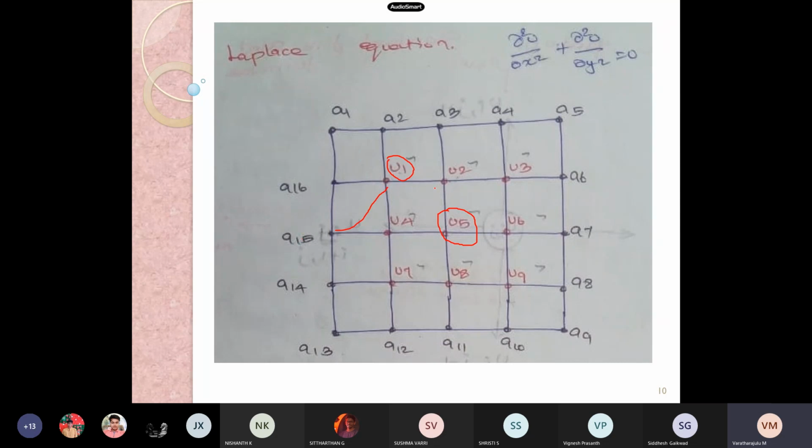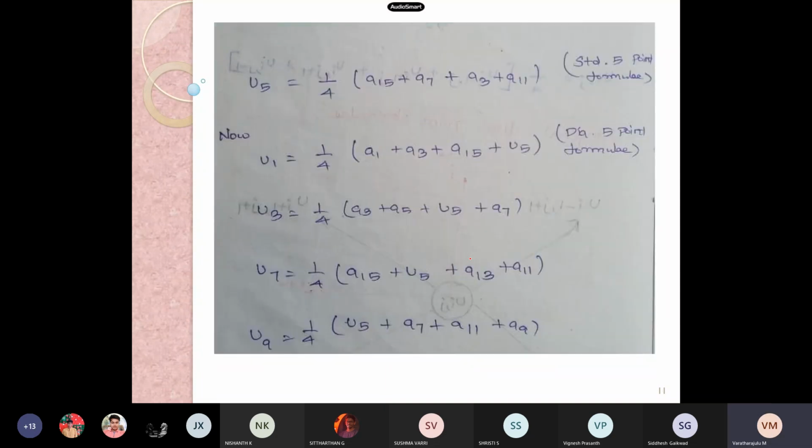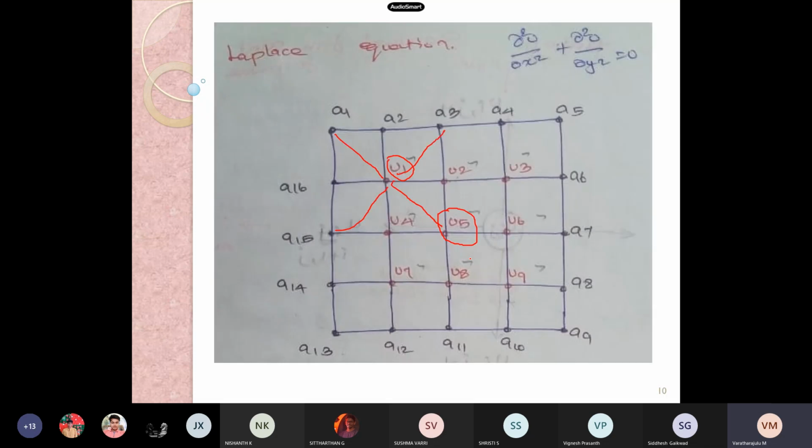Still U2 and U4 are unknown, so let them be. Now we find U1 with the diagonal 5-point formula, using A15, A1, A3 and U5. Similarly we calculate U3 based on A3, A5, A7 and U5.